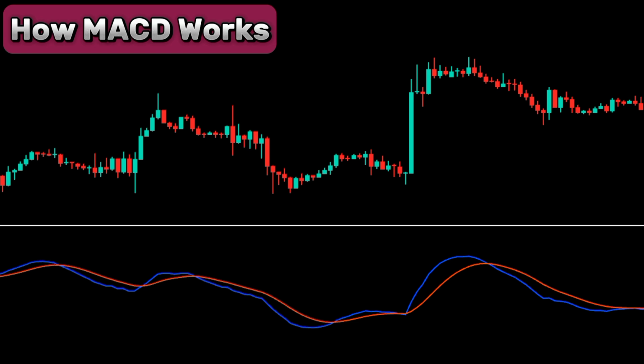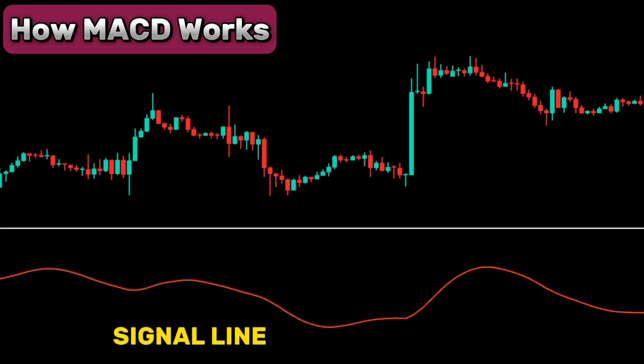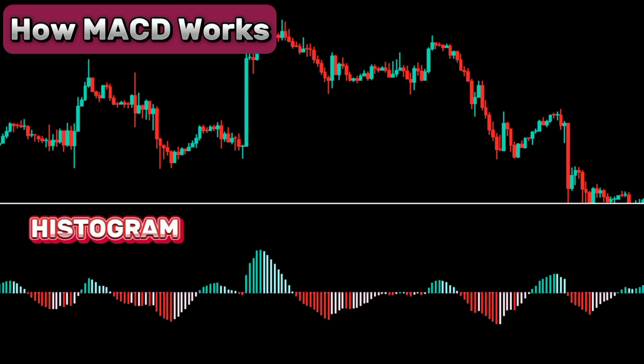Both of them have different roles to play, and here is the difference between them. The MACD line moves faster than the rest and adjusts more quickly to price changes. The MACD line is the major focus of the MACD indicator. On the other hand, the signal line is the complete opposite of the MACD line. It moves slower and adjusts slowly to price movement, therefore giving the line a smoother appearance than the fast-moving MACD line. And here we have the histogram.